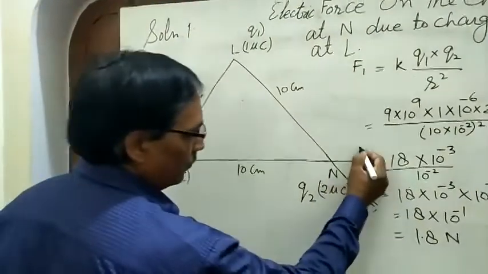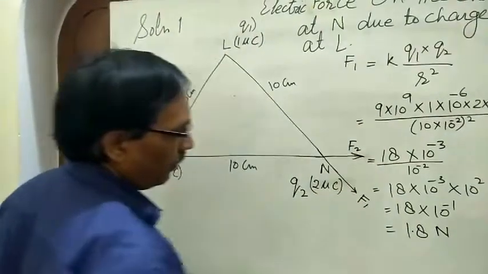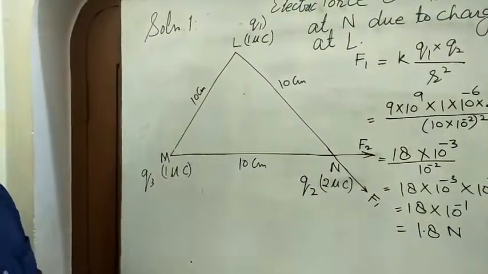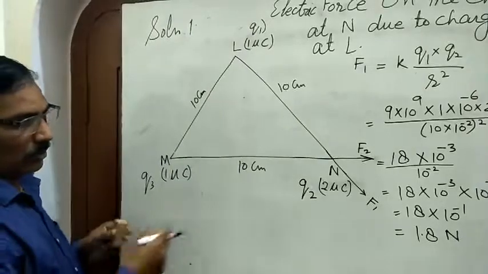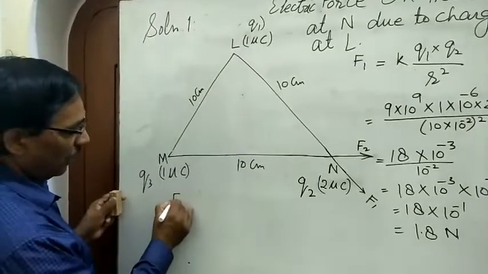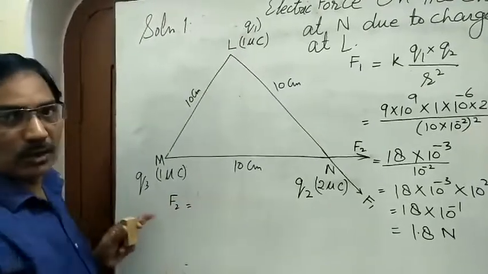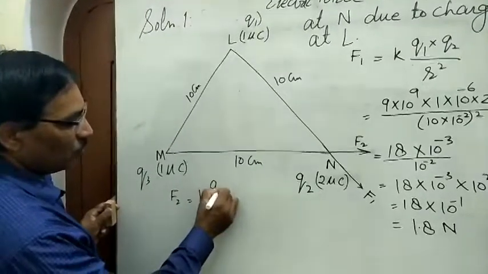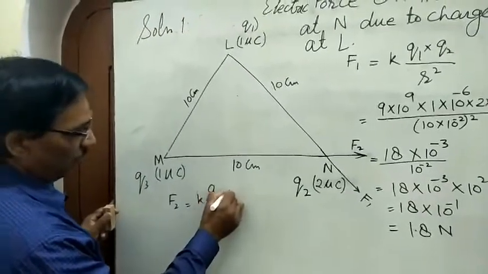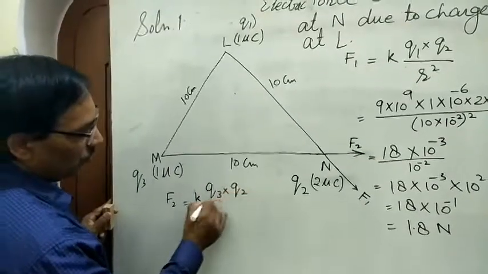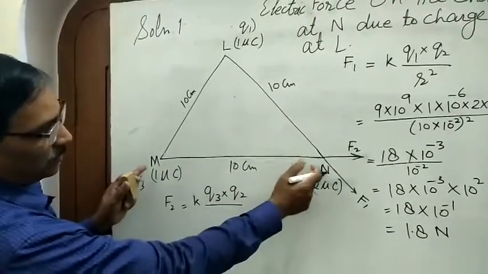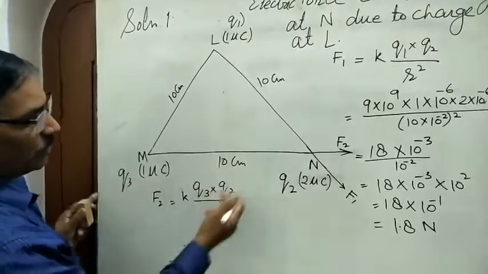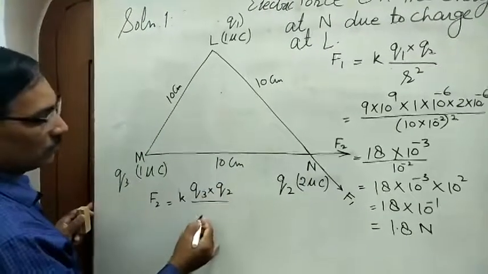Suppose this force is F2. So F2 is equal to, again we apply Coulomb's formula, K Q3 into Q2 by R square, the side is 10 centimeter converted into meter.